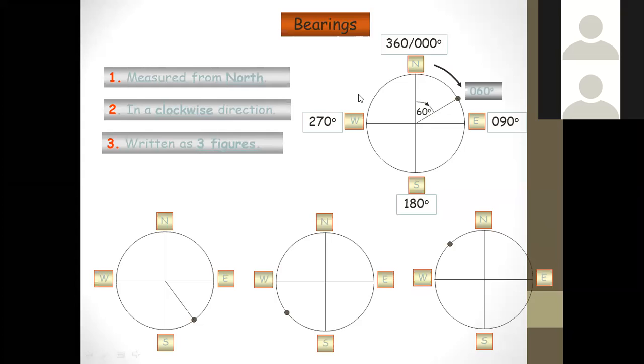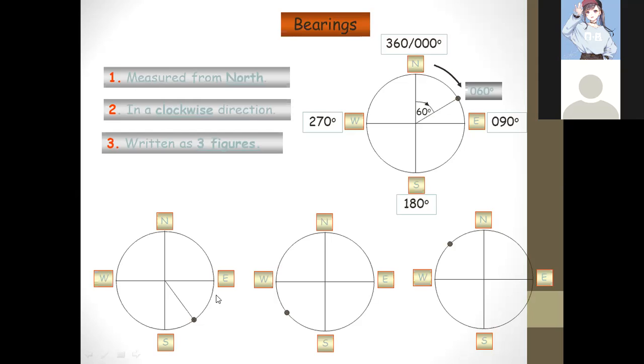Okay, Israa, can I ask you something? When we are estimating, what can help us? For example, you know that half a circle is 180. Is it reasonable for the bearing to be less than 180, less than half a circle, and be 210? Always remember, teacher, that you go due north and clockwise direction. So what do you think, Israa? Do you want to change your estimation?